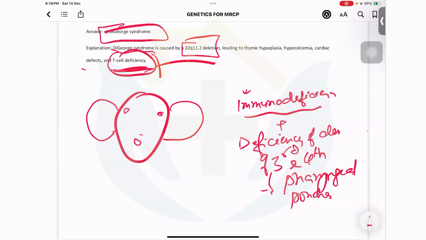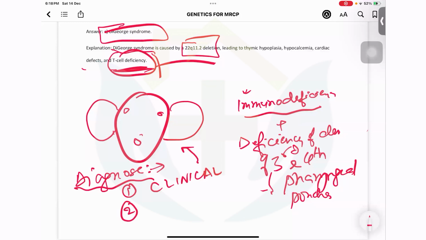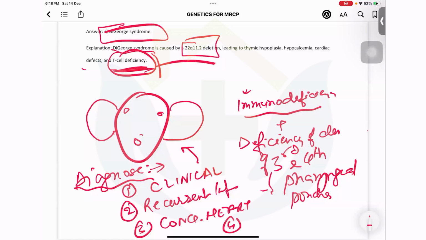So how do you diagnose these patients? Diagnosis is based on, number one, clinical features, so appearance. Number two, what will these patients have? Recurrent infections, and they will have congenital heart disease. They will have hypocalcemia.